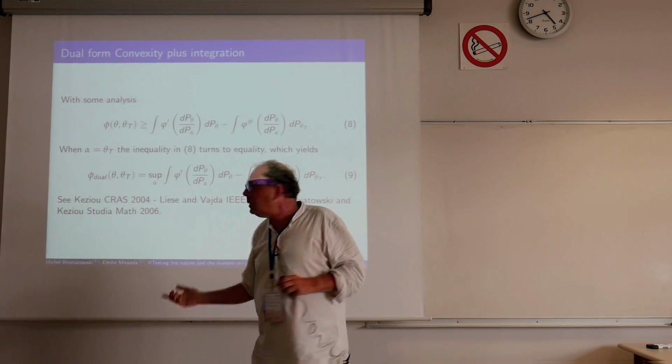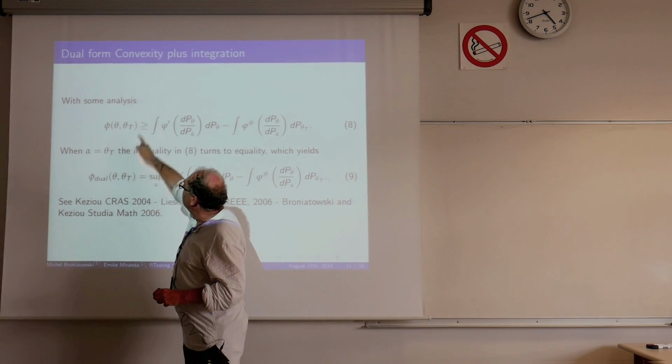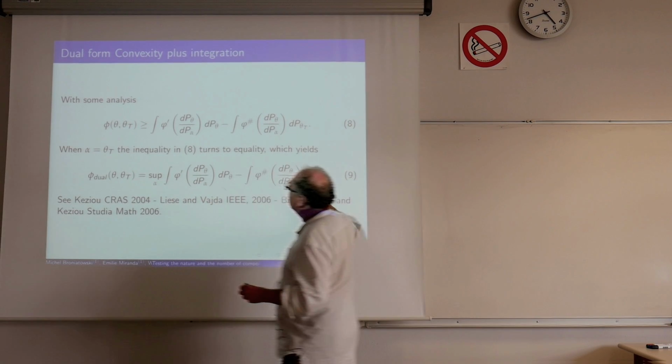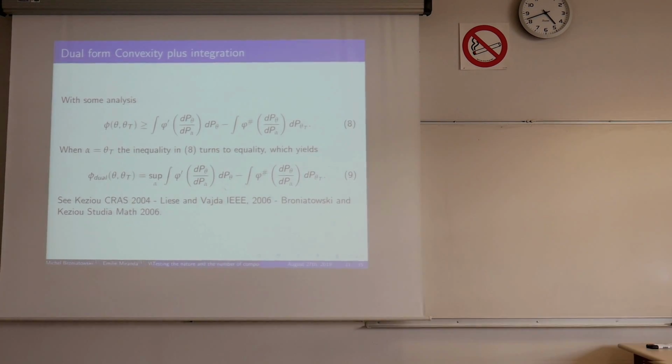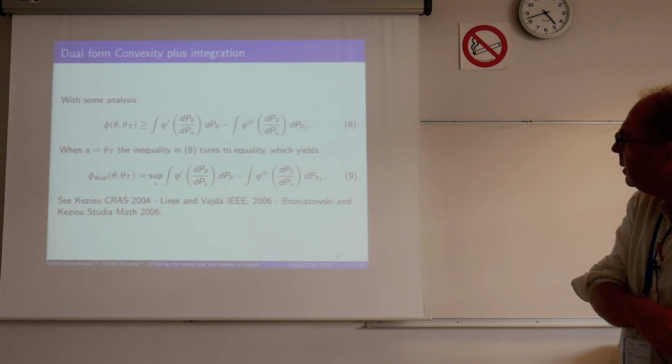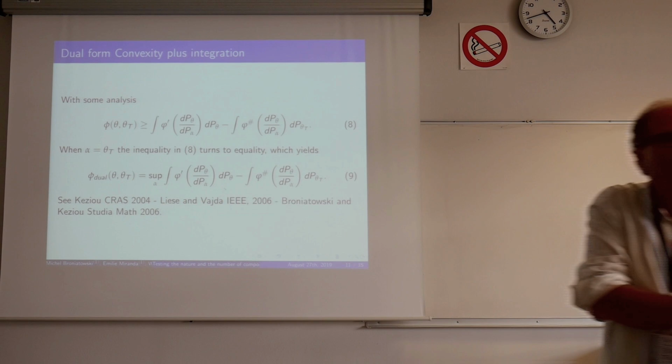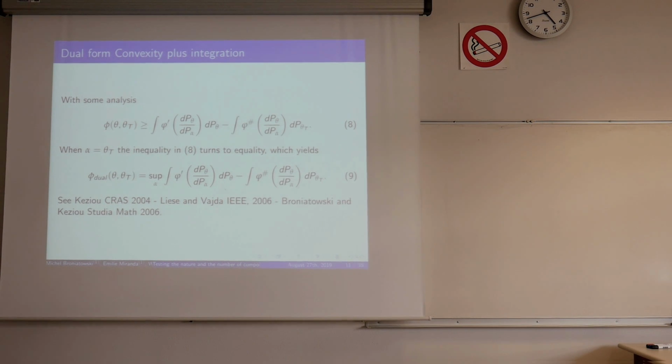That means that I can write that phi is indeed the supremum of such quantities. And this means that we have what we would call a variational form, or dual form indeed, of the distance between p theta and p theta t, which is obtained here quite easily through convexity and integration.